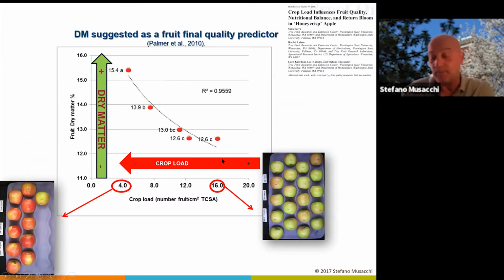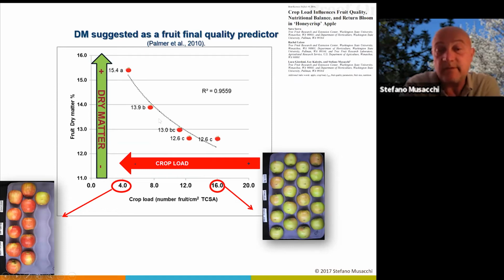But more important, this brings us to the accumulation of dry matter in the fruit, because this is a very important parameter for a good eating experience for our consumers. If you look here, you can have 3 brix of difference between the higher and lower crop load.